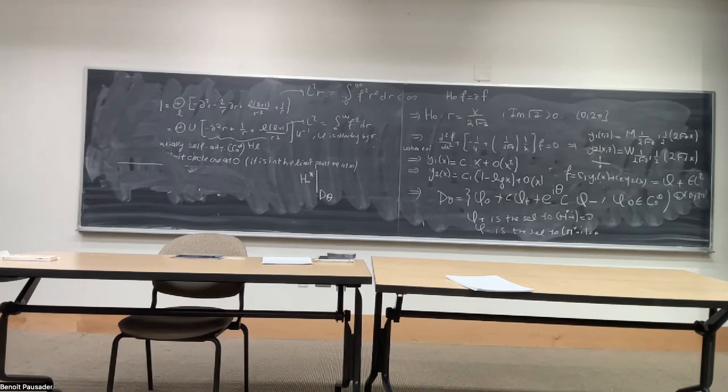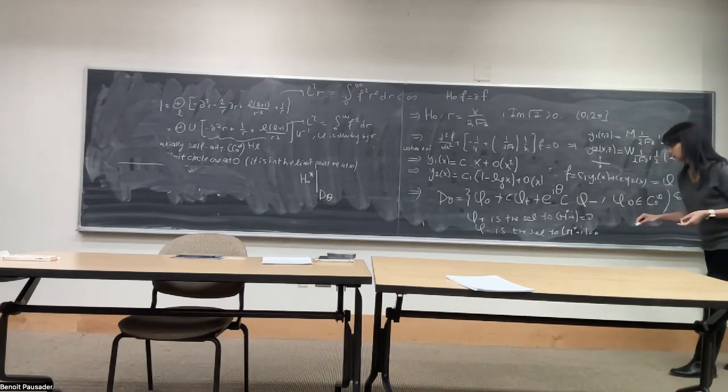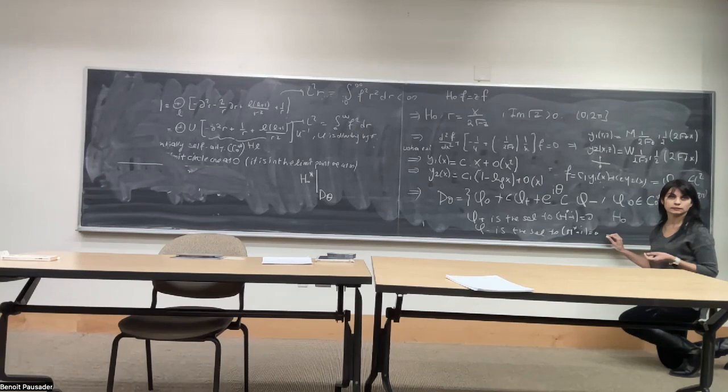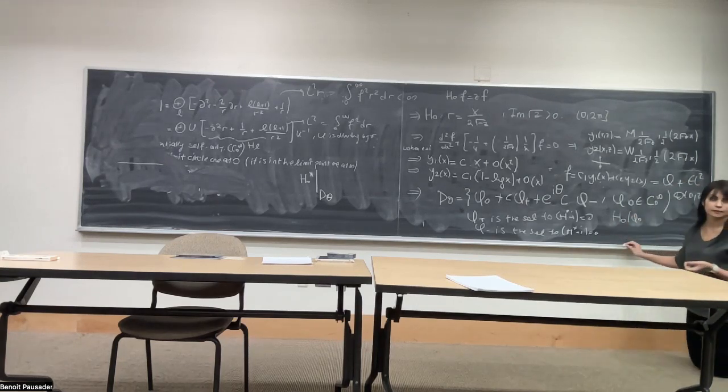Now, what's amazing is, can you say how H0 acts on D theta? That's a definition. We now declare what H0 does on D theta. And then we have to take the closure in the graph norm, and that's how we end up with a self-adjoint operator that satisfies the boundary condition at 0, which depends on theta. So how does H0 act on D theta?